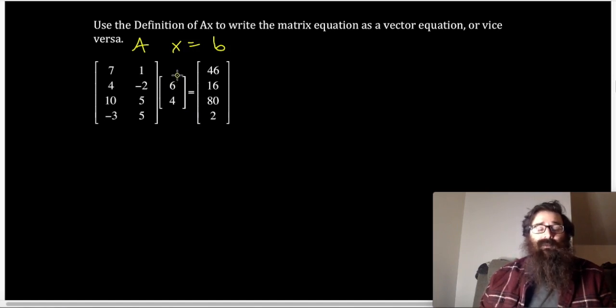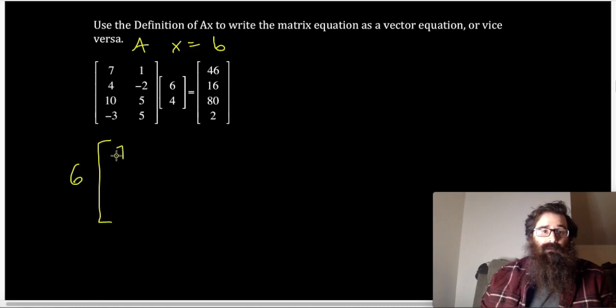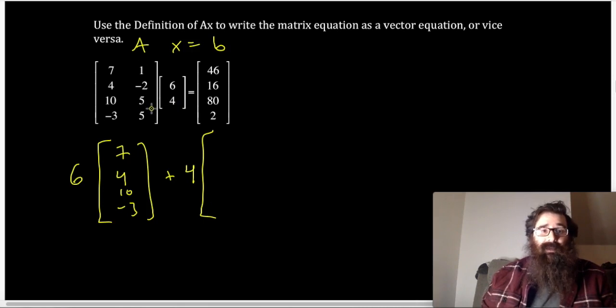So we said we would start with the vector X, and I would pick these entries out as scalar weights. So I would take this first value, 6, and multiply that into this first column. So that's 7, 4, 10, -3. And I would add to this the second entry of the vector, which is a 4, and multiply that into the second column, which was 1, -2, 5, 5.